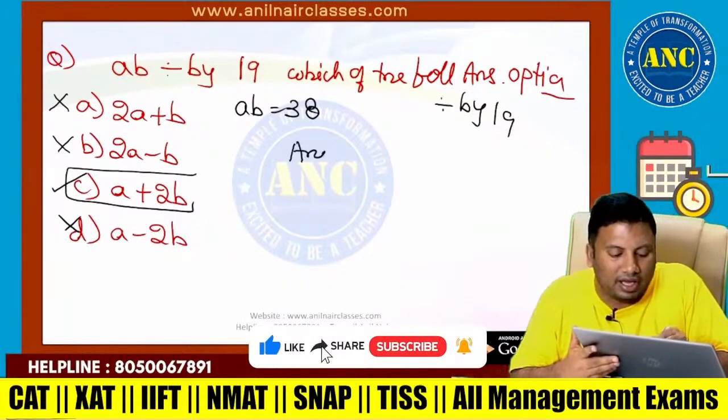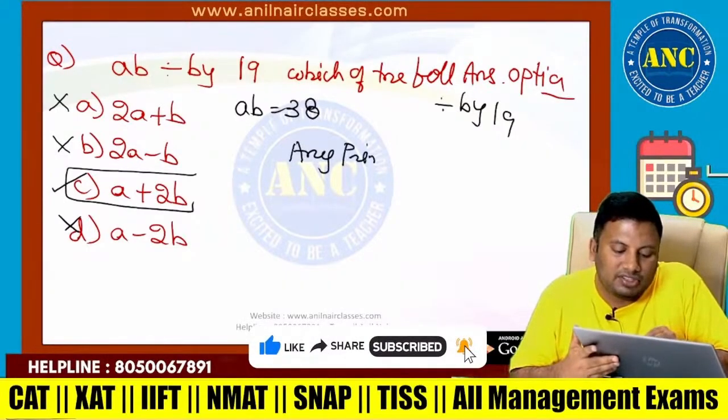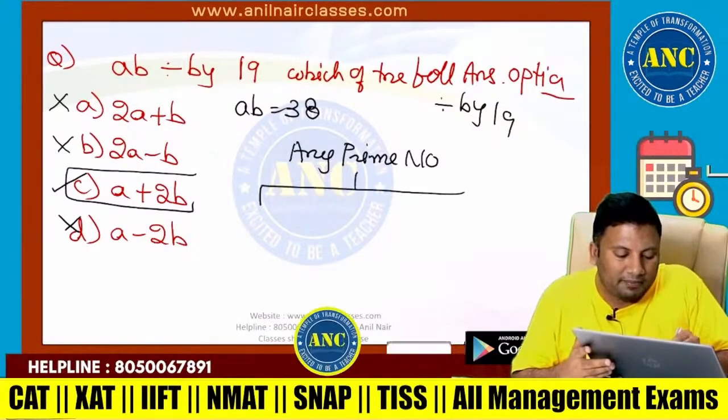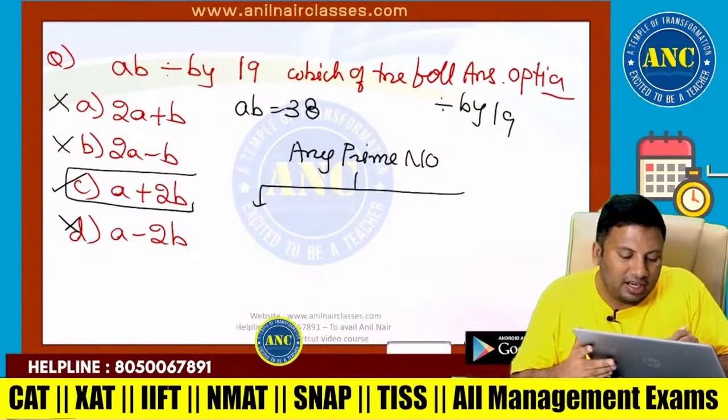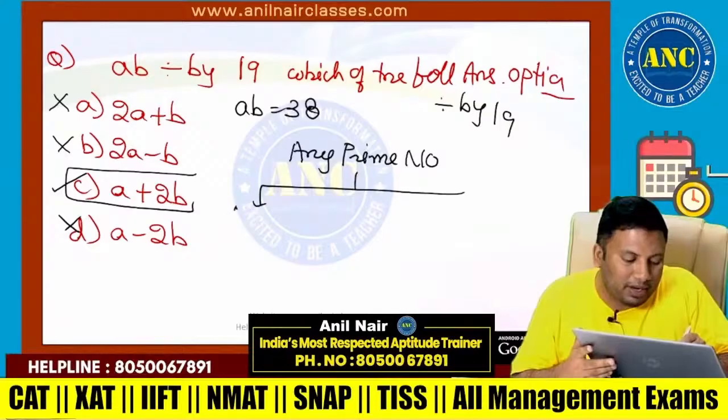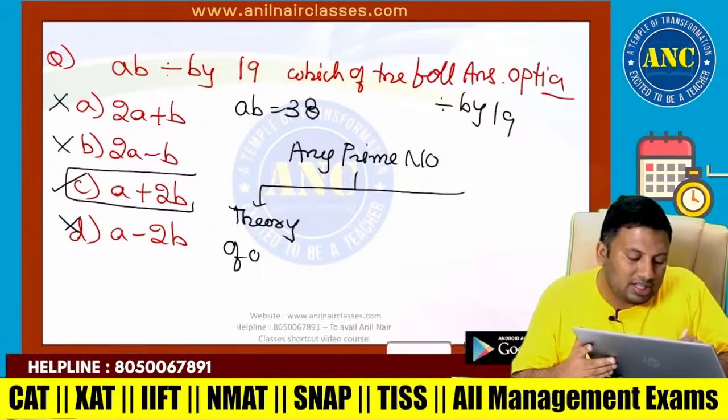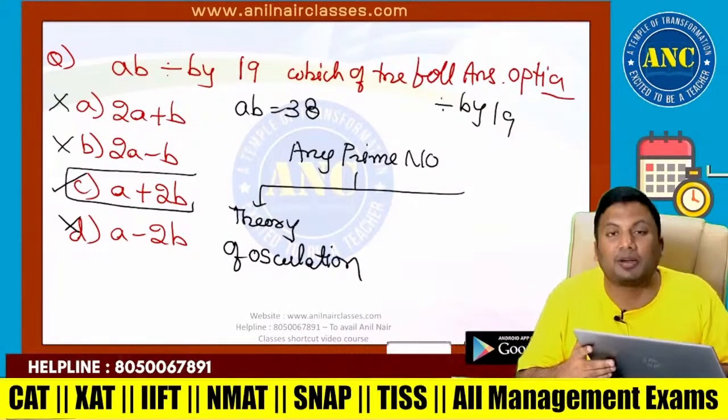The divisibility rule of any prime number can be done in multiple ways. One is you can find it using the theory of osculation. As the number of digits increases, the osculation concept will take more time.